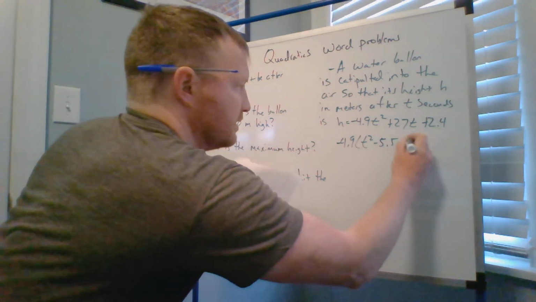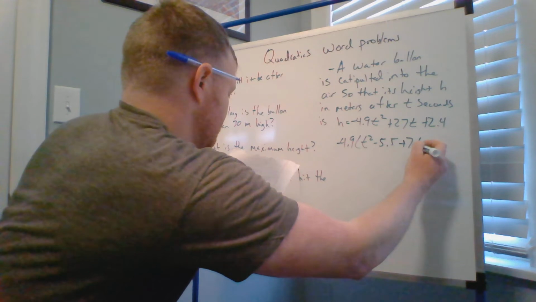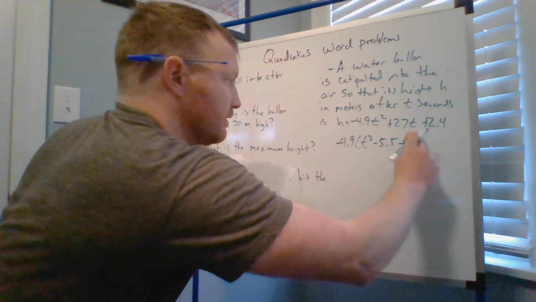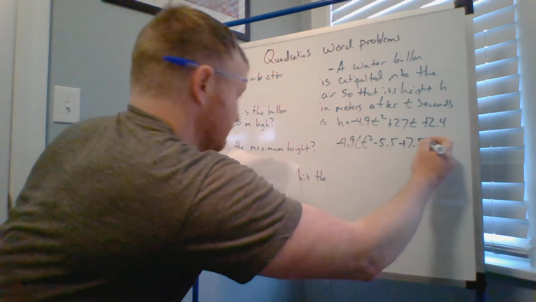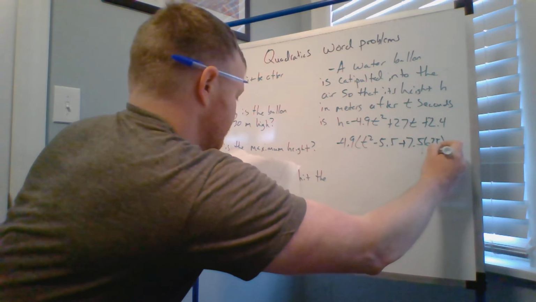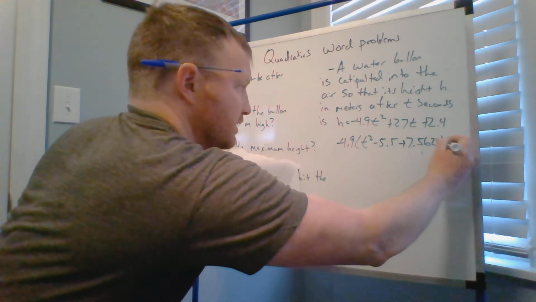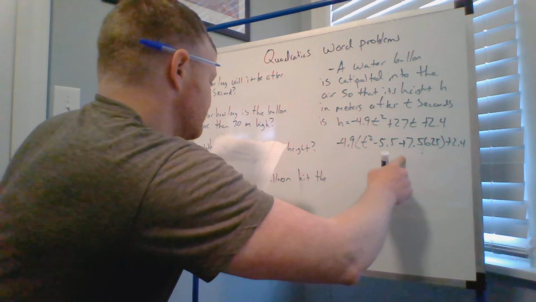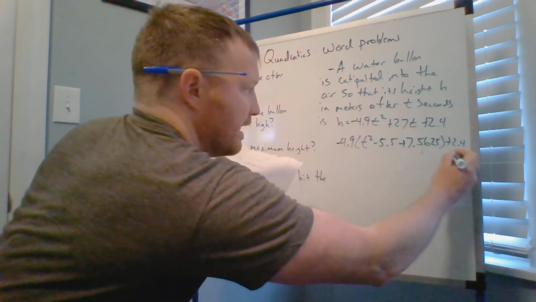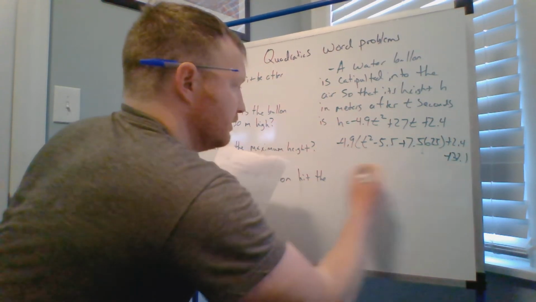Squared is 7.5625, plus 2.4. This times this is a negative 37.1, so I'm going to add 37.1.